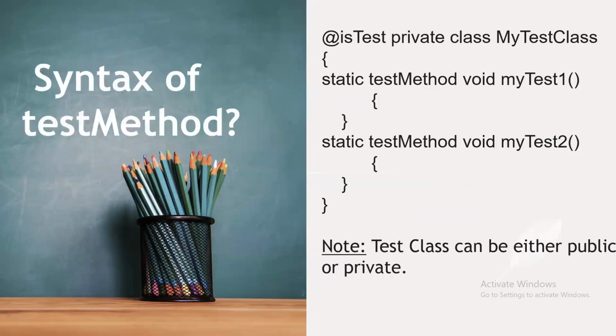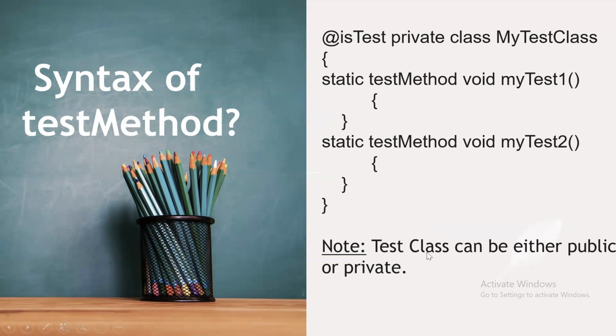So what is the syntax of a test method? They will ask us to write some syntax for test methods and test classes, right? So we have to write this code: @isTest private class MyTestClass, this is the class name, with open braces, and static testMethod, write testMethod1 with open parenthesis, close parenthesis, and open and close curly braces, and again testMethod2 with open and close braces, and we need to close this one.